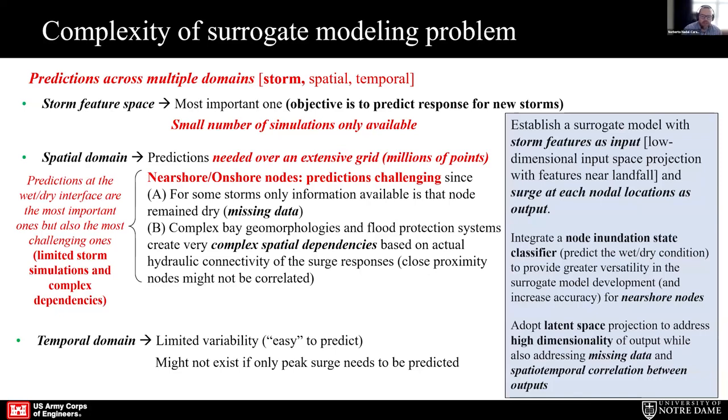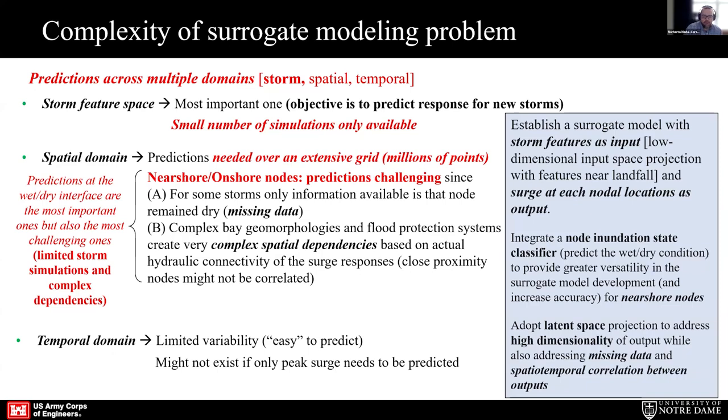So to address these challenges, typically we calibrate surrogate models considering storm surge features and parameters as input, and then storm surge at each node location as the output. In our case, we also incorporate a classifier to improve the accuracy of the prediction.